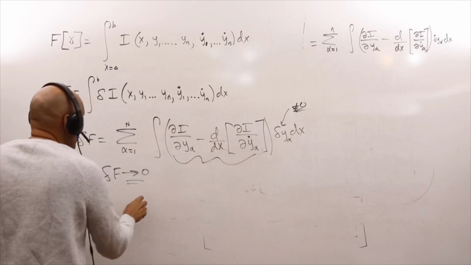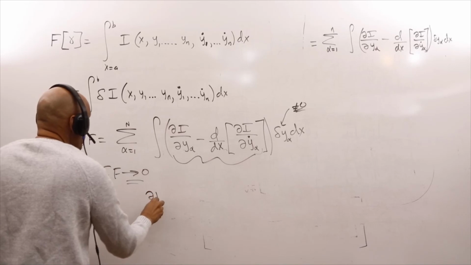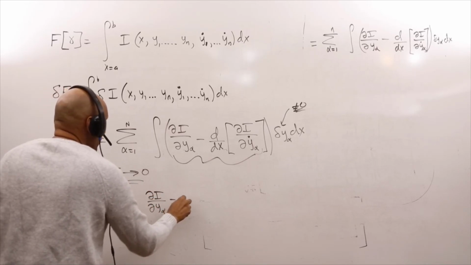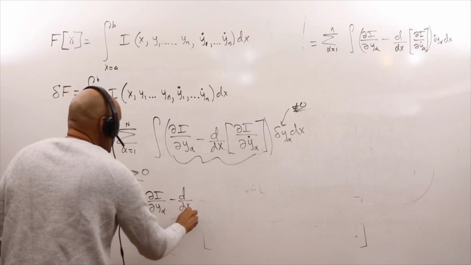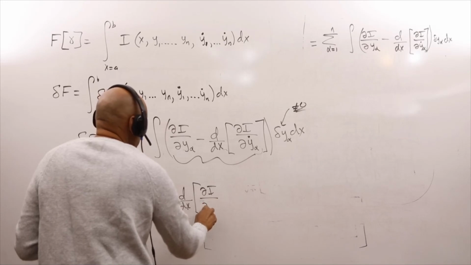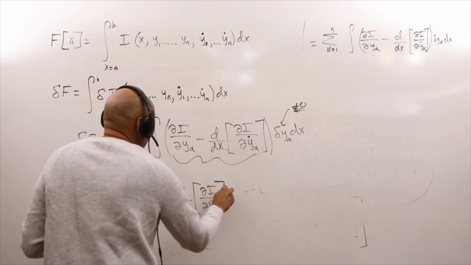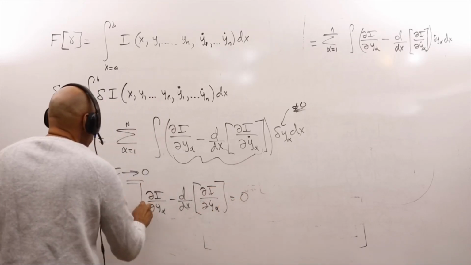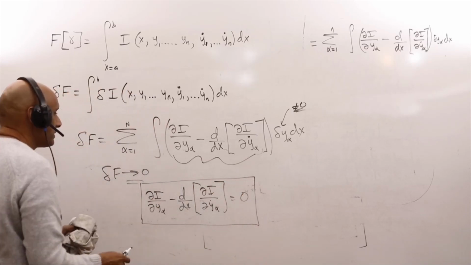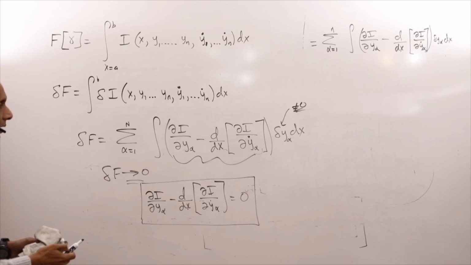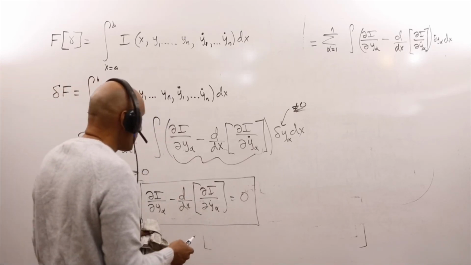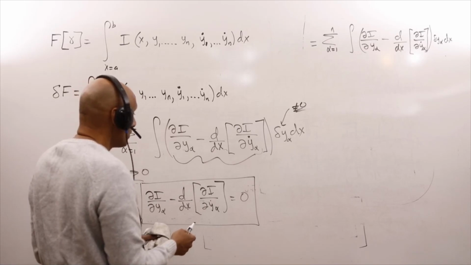And so we get a differential equation that says the partial of I with respect to y alpha minus the derivative with respect to x of the partial of I over partial of y dot alpha is equal to 0. You might say, wow, that looks complicated, but as a physicist, you might remember these equations better if you remember that these are the Lagrange Euler equations.